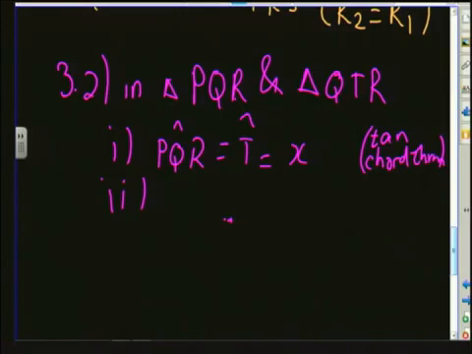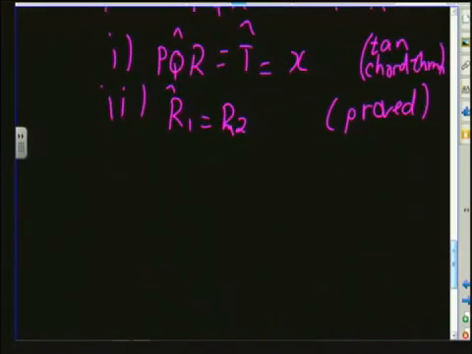All right. And then we can say angle R1 is equal to R2, and that was just proved. So therefore, the last two must be equal to each other because it's the remaining angle in the triangle. So therefore, we know angle P is equal to angle TQR, and that's because it's the remaining angle.